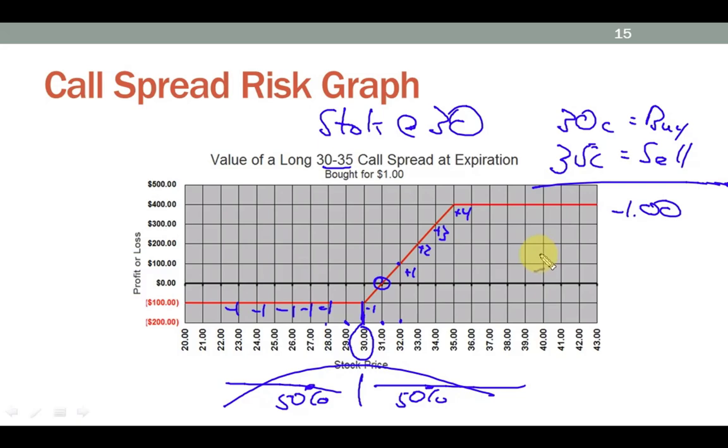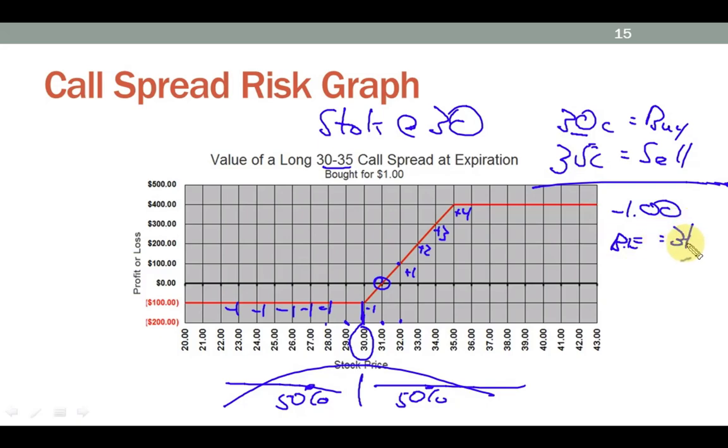So when you look at this trade, trading for $1, the break-even point is where the stock currently is plus the $1 you paid for that spread. The break-even point here is going to be 31.